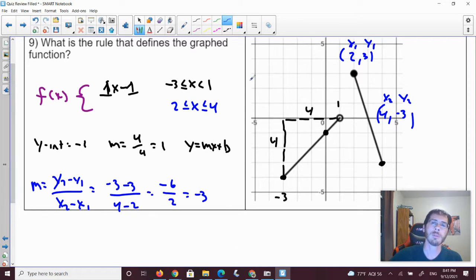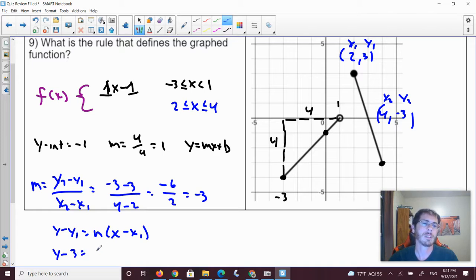Again, I don't have the y-intercept, so I think it's going to be easier to use point slope form: y minus y1 equals m times x minus x1. I'm thinking that's going to be a little bit easier than anything else. So if we plug them in, we get y minus 3 equals -3 times x minus 2.